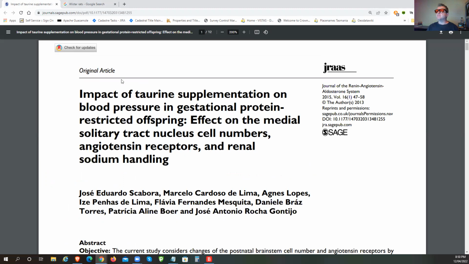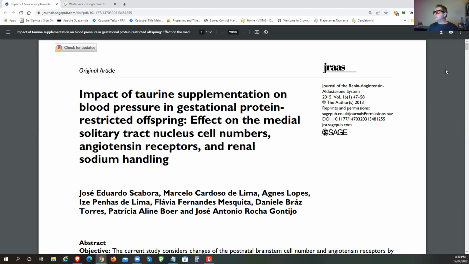Anyway, the impact of taurine supplementation on the blood pressure of gestational protein restricted offspring: effects on the medial solitary tract nucleus cell numbers, so brainstem, and the angiotensin receptors in your kidneys, and renal sodium handling.